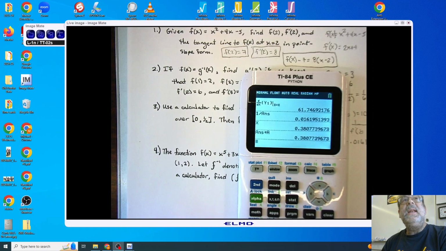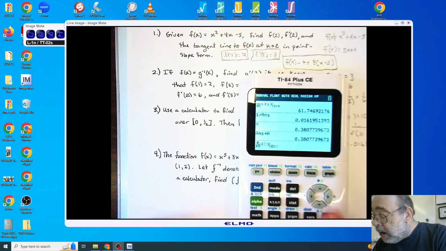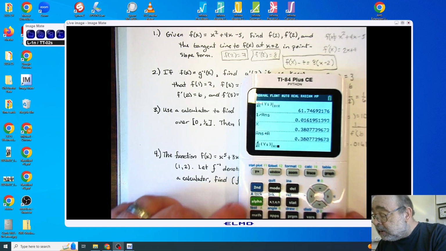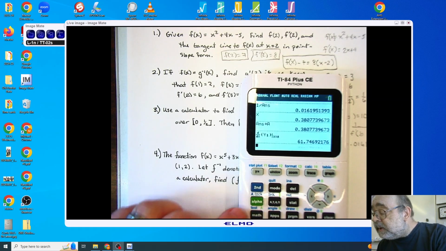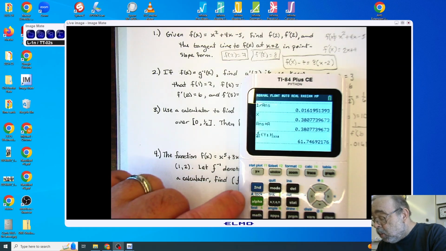So you'll notice I can now repeat the same process. Math 8, x, alpha trace y equals, at alpha A. Notice it gives me the same value, 61.74692176, and I want that large value. I can then take 1 divided by the answer.